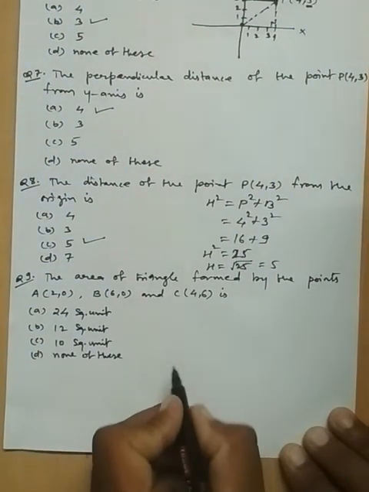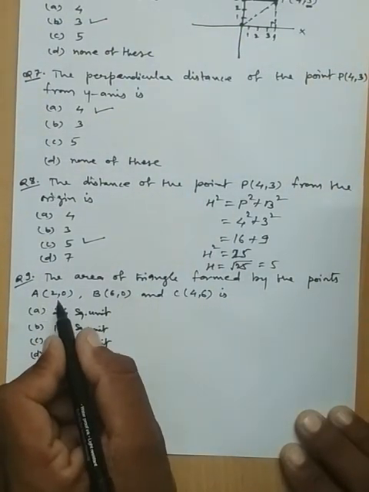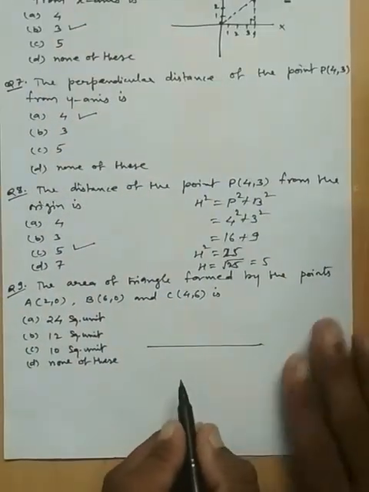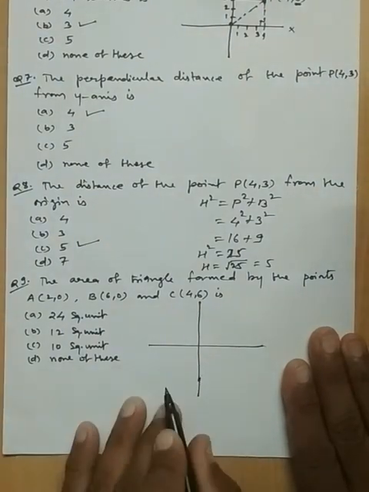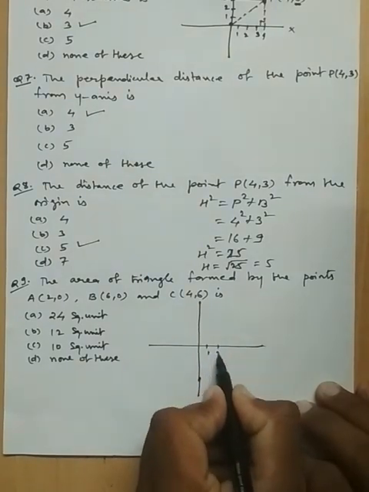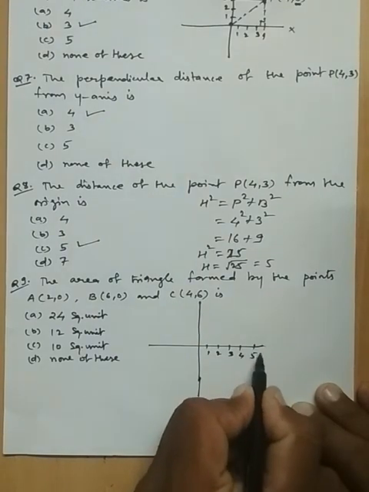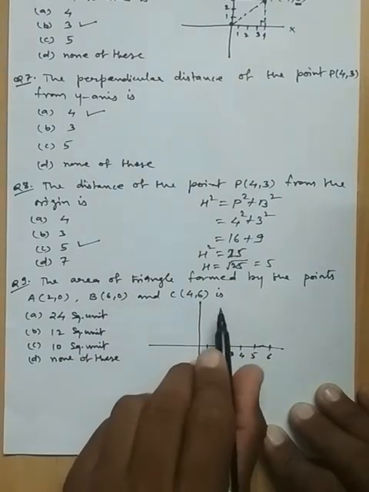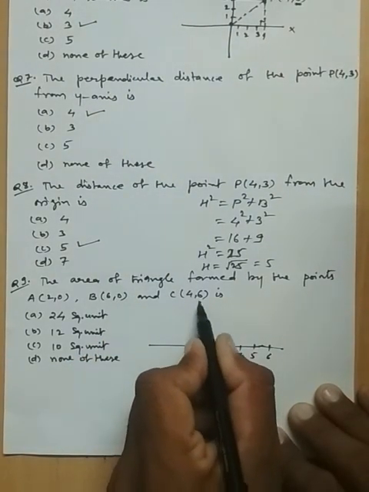First of all, we should draw the triangle using the points A, B and C. On the x-axis we mark 1, 2, 3, 4, 5 and 6, and on the y-axis our requirement is 6 units, so 1, 2, 3, 4, 5 and 6.